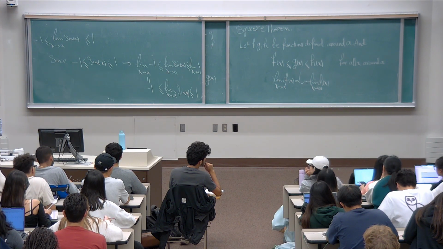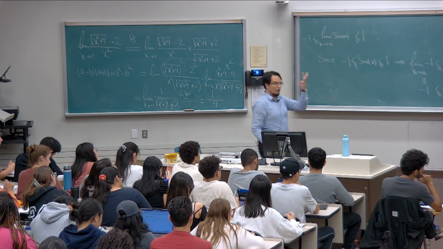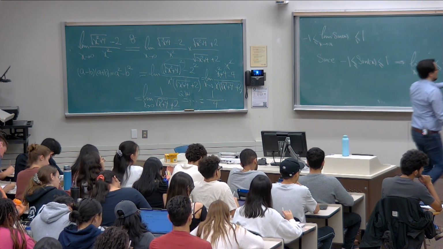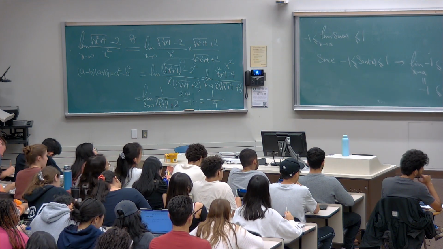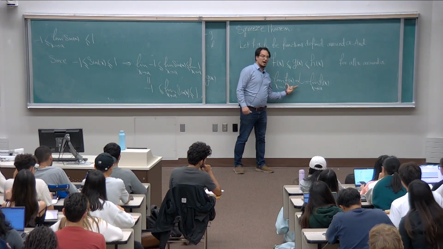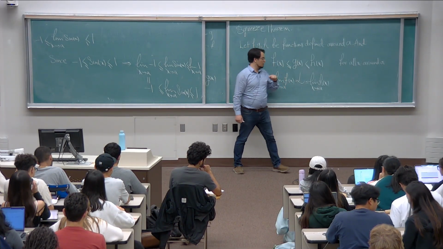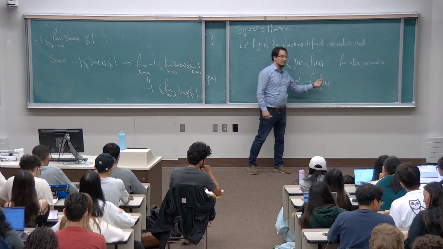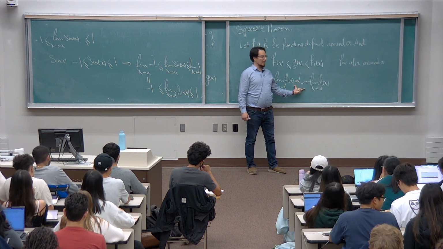So if I break it down, there are four things happening. One, we have this inequality. Two, function f has a limit. Function h has a limit. Their limits are the same.